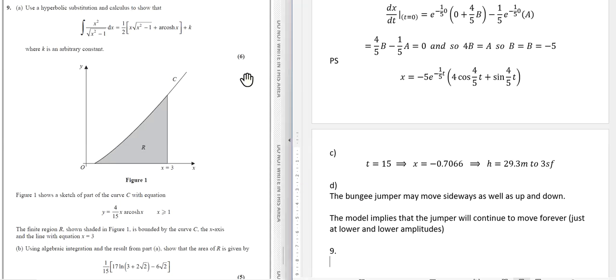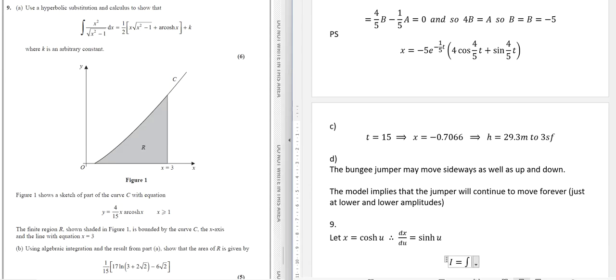So if that's going to give me arc cosh, I want to say something like let x equal cosh u. That gives dx by du equal to sinh u.